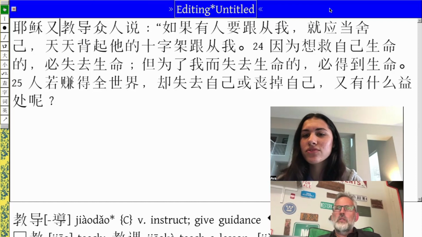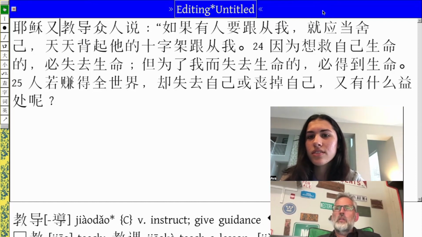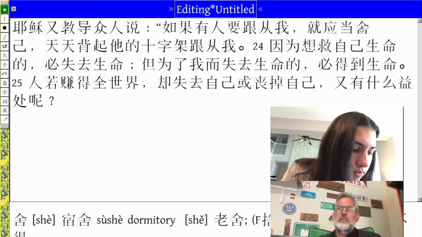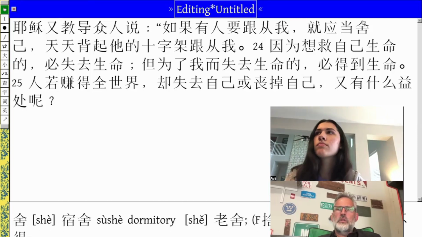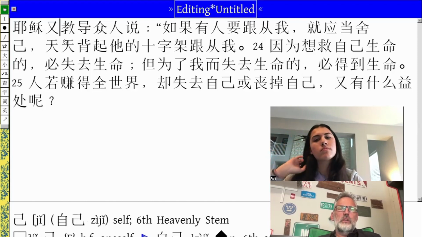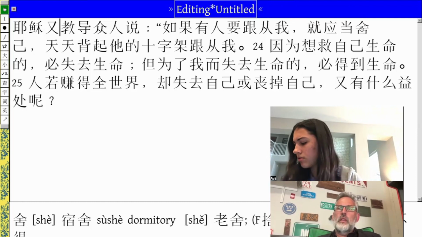就应当, which, if I'm speaking in colloquial Chinese, I would say 他就应该什么什么什么. And then this is a very specific, almost Christian construct here, 设计, to deny yourself.